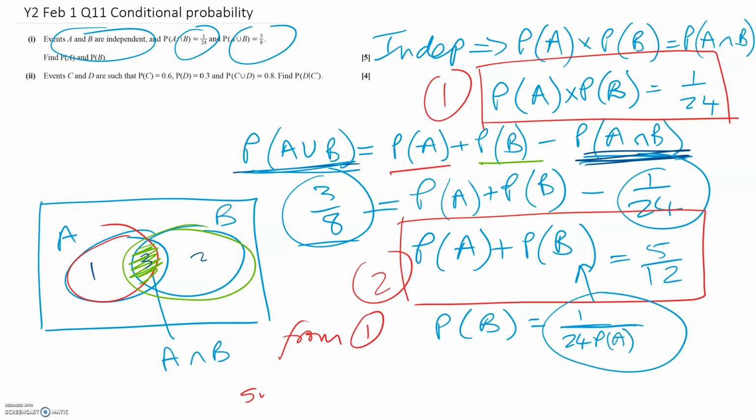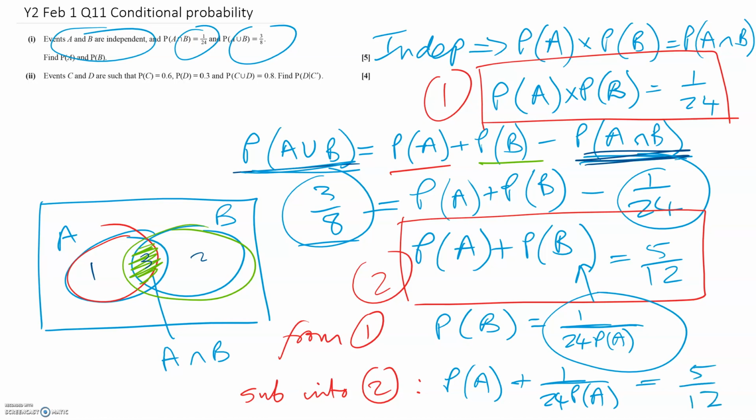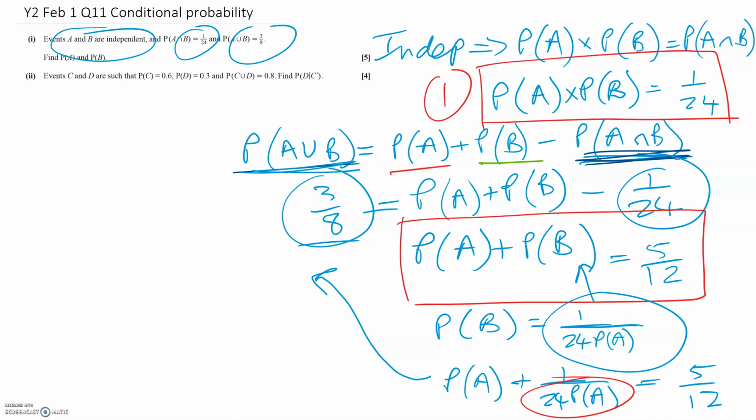If we sub that into number 2, we'll get the probability of A plus 1 over 24 times by the probability of A equals 5/12. A good idea now is to multiply everything by this denominator, so then we won't have any fractions at all. Running out a bit of space, so let's clear a bit of space. Let's multiply all of this by the denominator, which is 24 times by the probability of A.